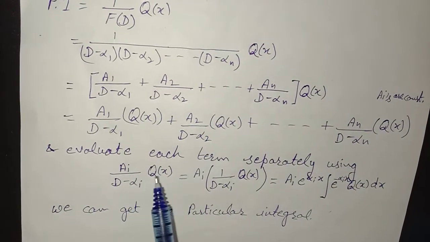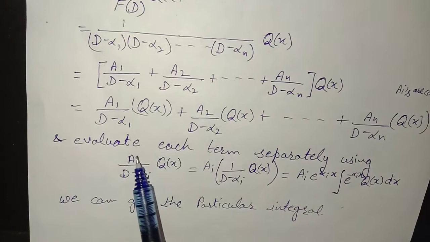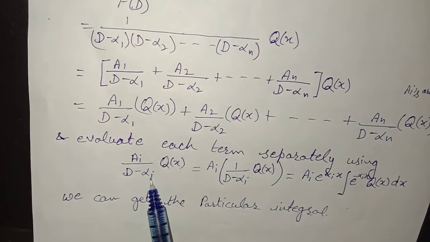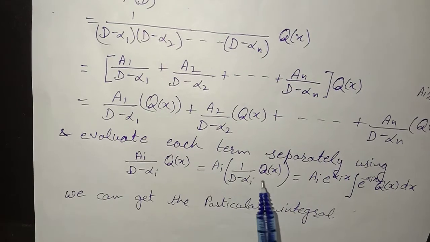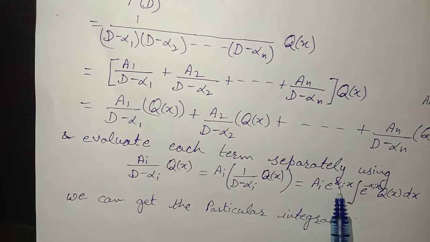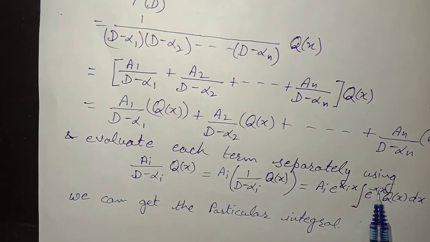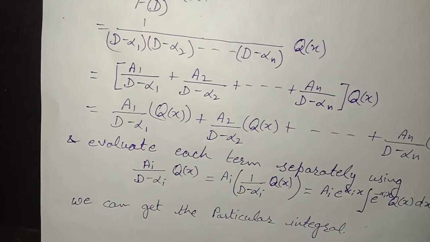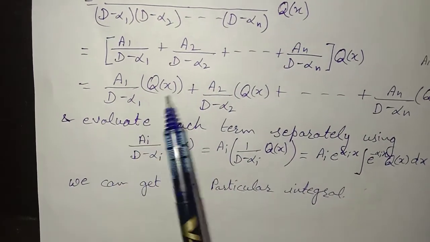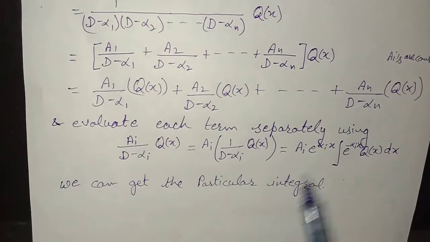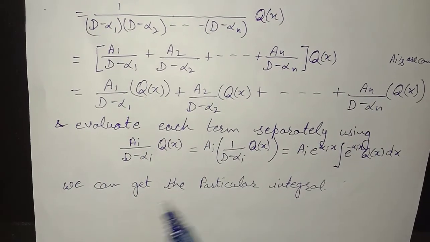The formula is A_i over, you don't need to write A_i here, you may write 1 over D minus alpha_i, because A_i is a constant. Operating on Q(x) is nothing but A_i e^(alpha_i x) times the integration of e^(-alpha_i x) Q(x) dx. Evaluating all these terms using this formula, you can get the particular integral.